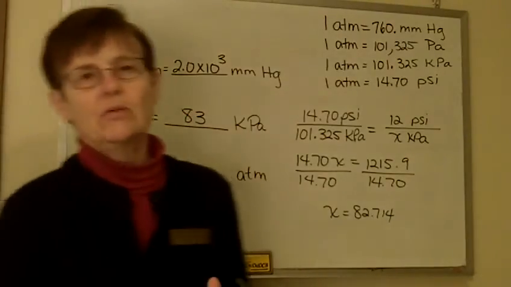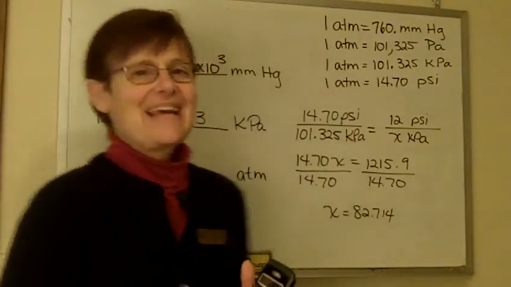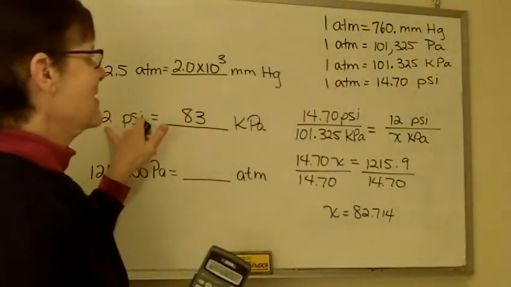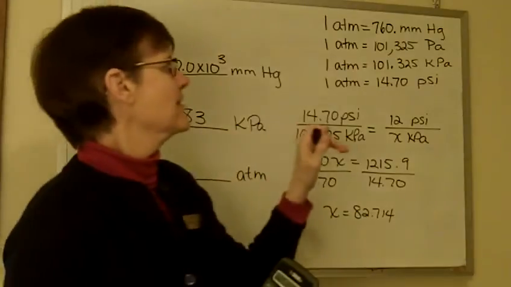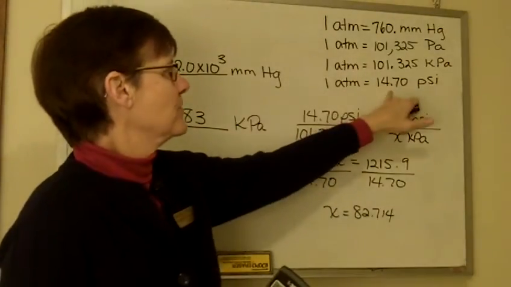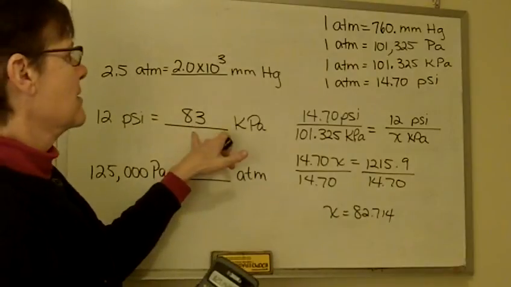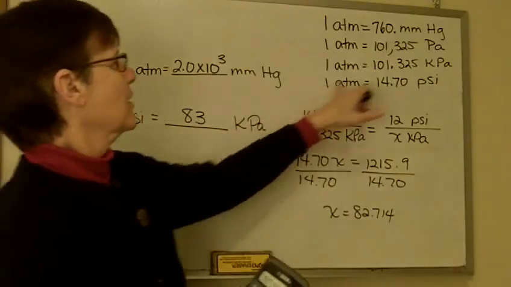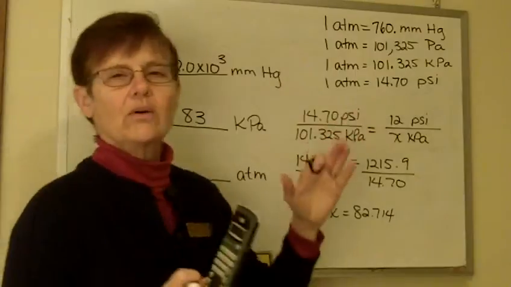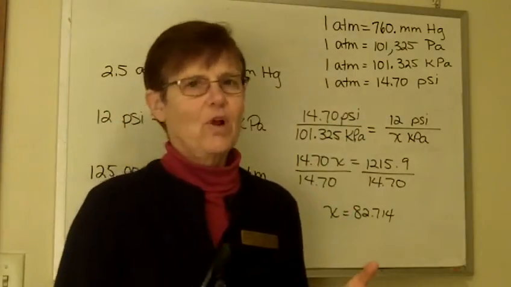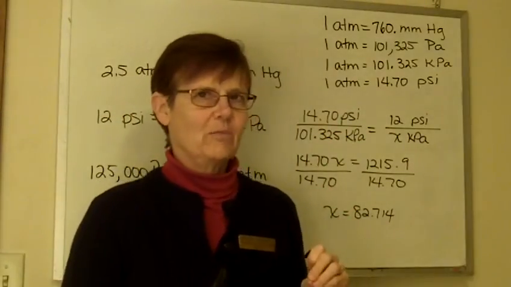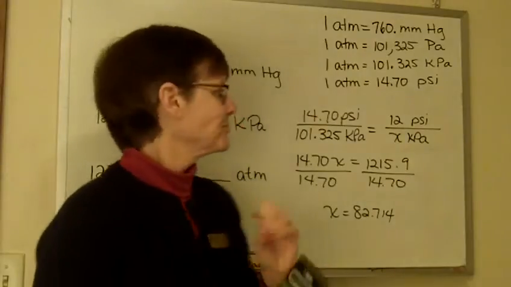And I'm going to stop and do a little sanity check here for a minute and say that 12 psi is a little bit less than an atmosphere. So I kind of want this to be a little bit less than an atmosphere also, and it looks like it is. So it looks like it's in the ballpark, so I probably did the problem right. It's always good once in a while to stop and do what we call a sanity check.